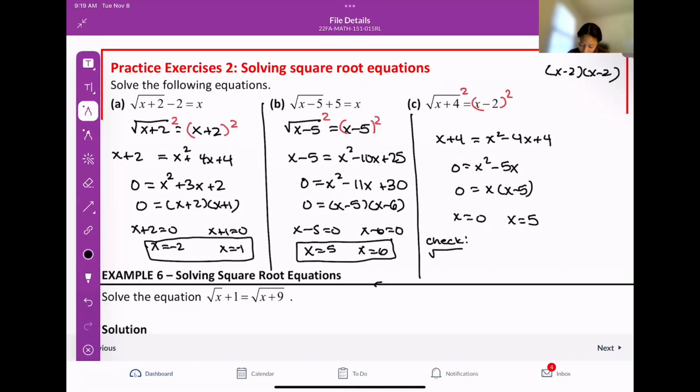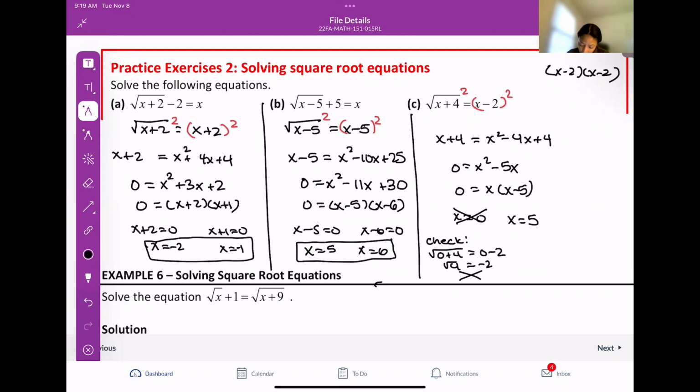The square root of 0 plus 4 equals 0 minus 2. Is this true? This is telling us that the square root of 4 equals -2. That does not work. So 0 as a solution, when we plug it back in, doesn't give us a true solution. It's an extraneous solution, so we can ignore it.